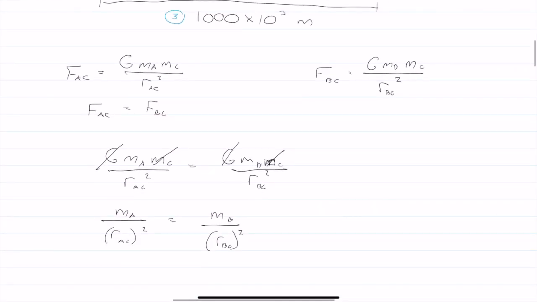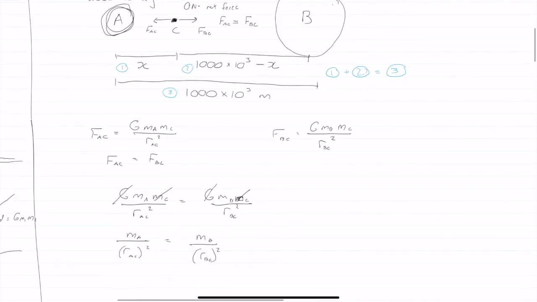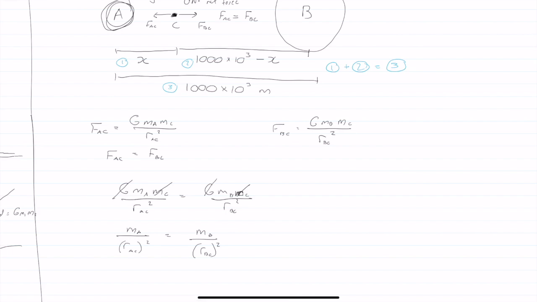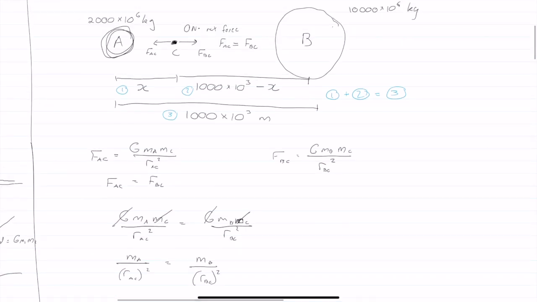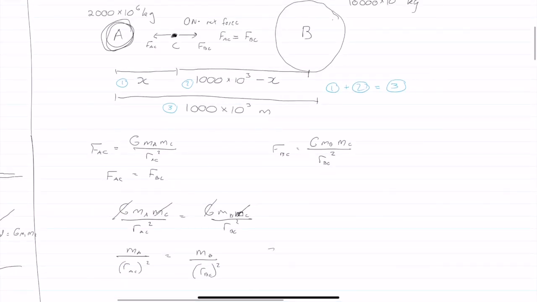Then what I can do is put in some values now, because I know the mass of A. What's my mass of A? My mass of A is equal to 2000 times 10 to the 6 over R_AC, and the distance R_AC is equal to x.